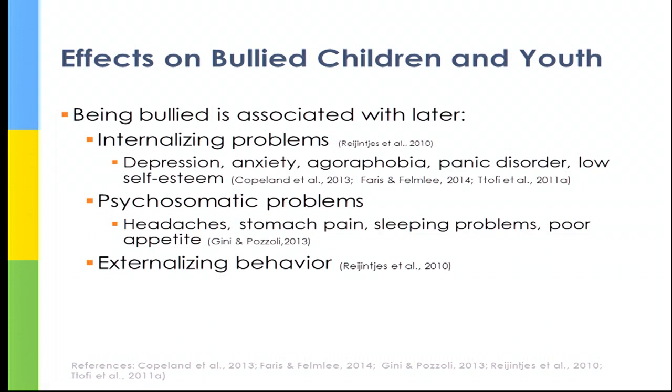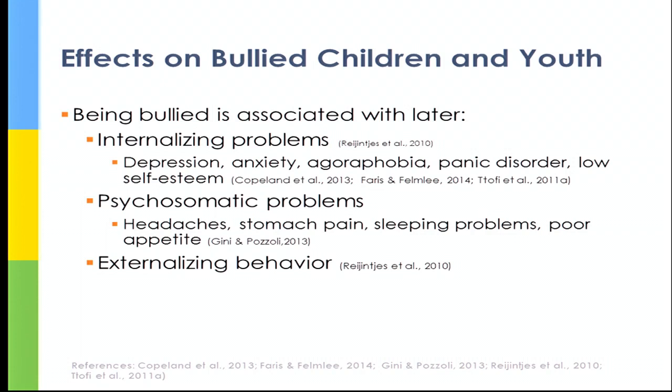A number of longitudinal studies, however, have confirmed that being bullied is associated with the development of later internalizing problems, including depression, anxiety, and low self-esteem. Other researchers have found that bullied children over time are more likely than their peers to develop psychosomatic problems such as headaches, stomach aches, sleep problems.